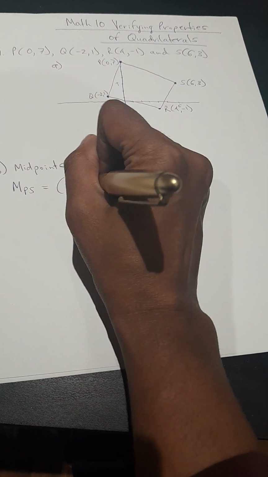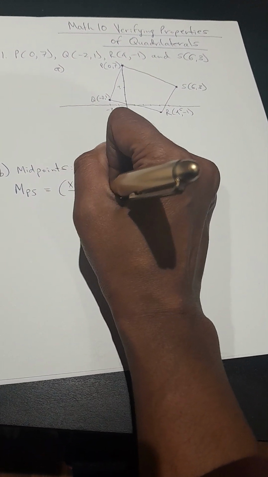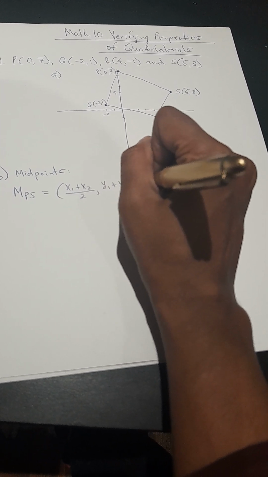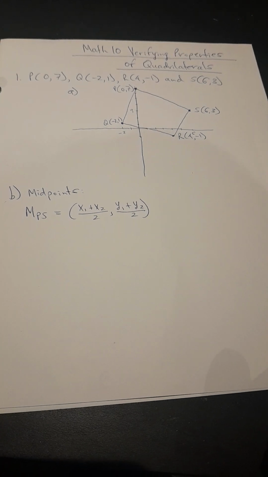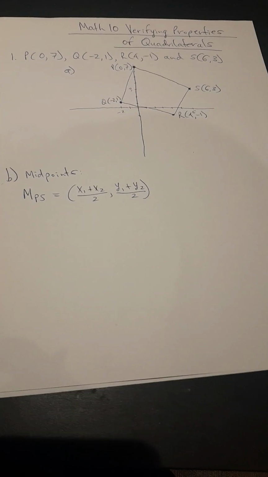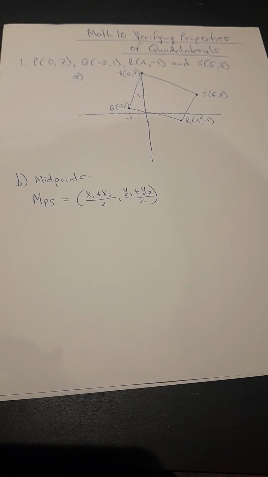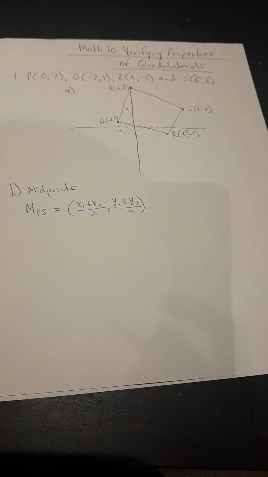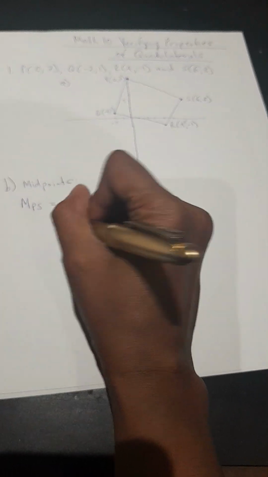If you don't remember the formula, one more time, it's x1 plus x2 divided by 2. You add the x coordinates divided by 2. And y1 plus y2 divided by 2. These are some very common formulas: the midpoint formula, the length formula, and the slope formula. All the formulas should be memorized at this point in time.